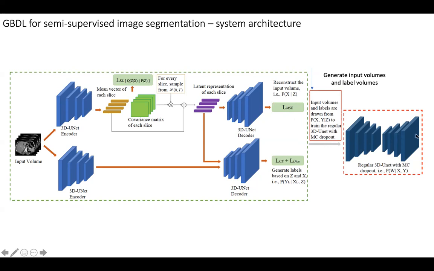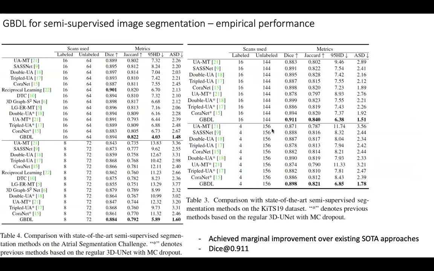This segmentation model will be applied on other tasks to get the evaluation metrics. As shown in these tables, it achieves pretty good dice performance. For example, here it achieves a 0.911 dice score. So it's only a marginal improvement over the existing state-of-the-art performance, but this number is pretty good already. Okay, that's all. Thank you.